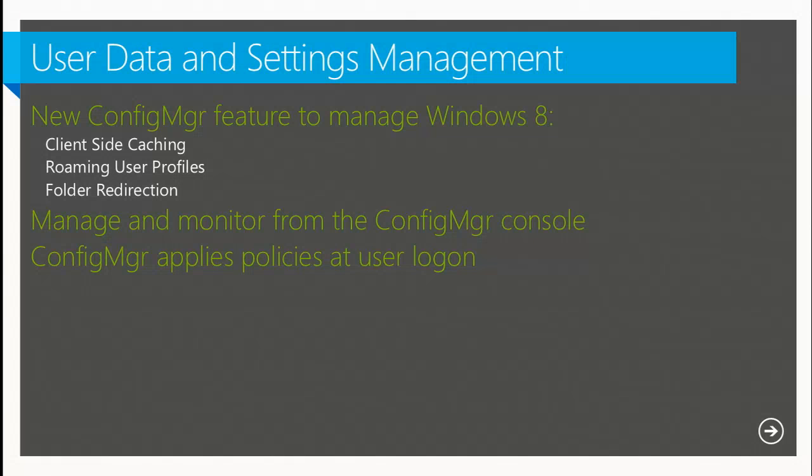It's all in Config Manager. Two, it's the same familiar experience for administrators who worked through Config Manager settings management. And three, you get all the added value, like detailed compliance reports and remediation.